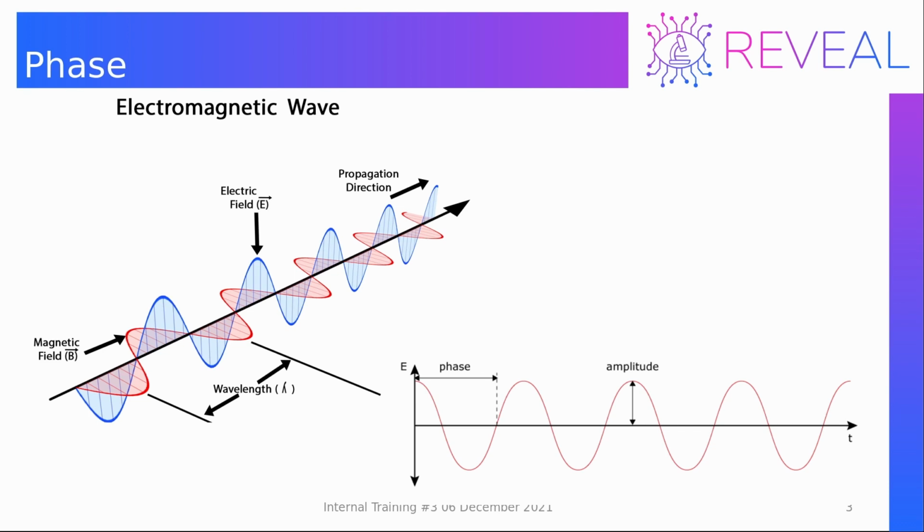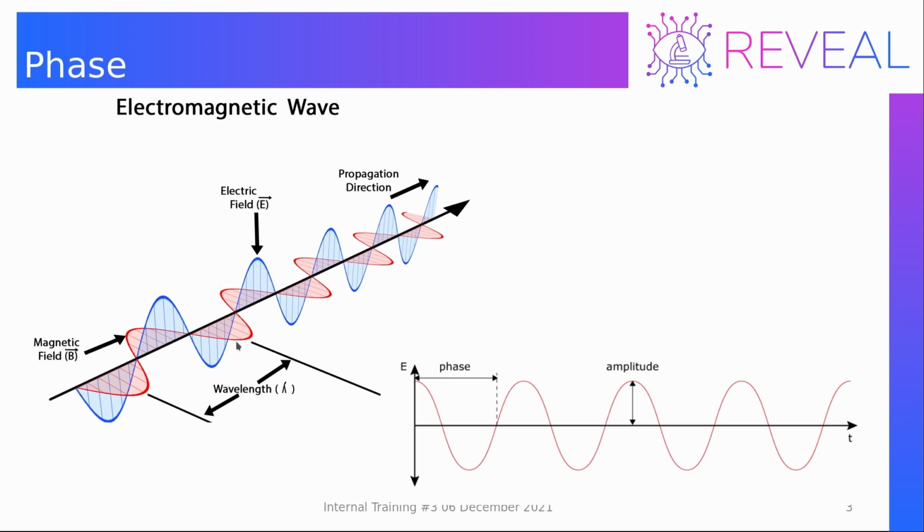So in principle, light is an electromagnetic wave that is composed of the electric field component, which is a sine wave, propagating in the shown direction, and the perpendicular magnetic field component.